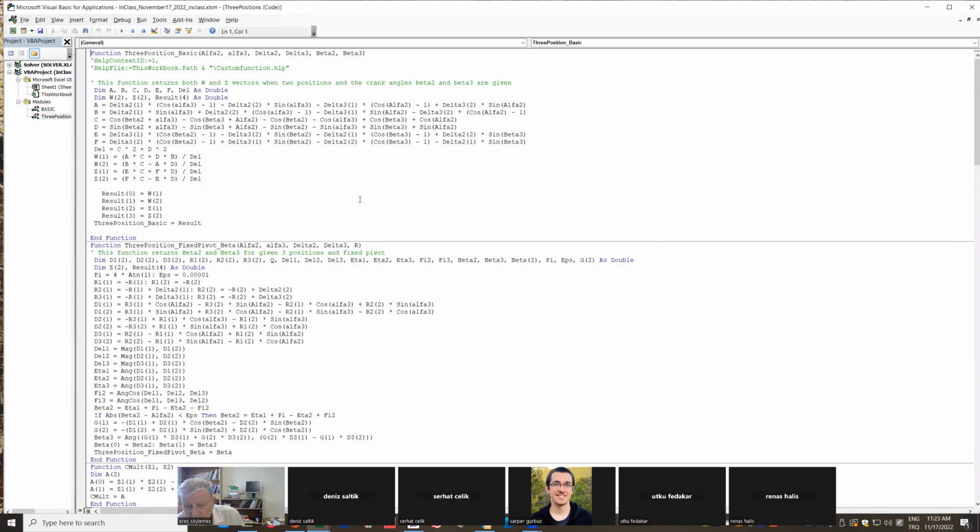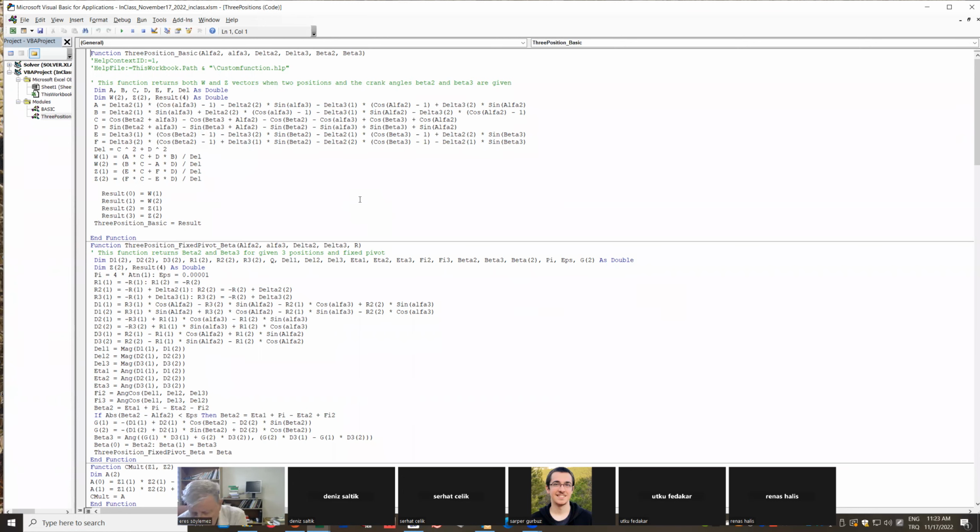We are solving our problems using a computer. Whenever you are using a computer, you have to use certain tools, either made by other people or you make your own tools. You have to know how to make these tools. You have to know how to prepare these tools, okay? That's why I'm telling you to learn how to write these function routines.